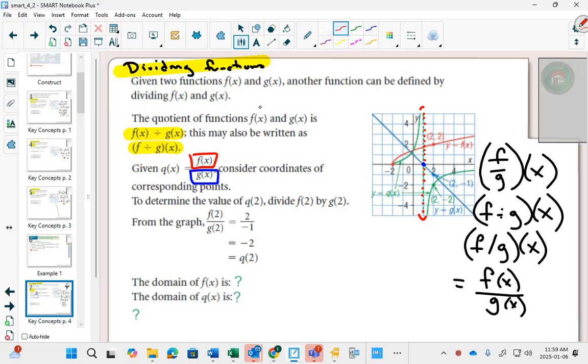And the only time you get a hole is if both graphs intersect at exactly the same point. So most often you're going to get an asymptote. So that would be one thing for sure that I would show on my graph. Next, wherever the red graph is 0, that would be a key point to make sure that you show on there.